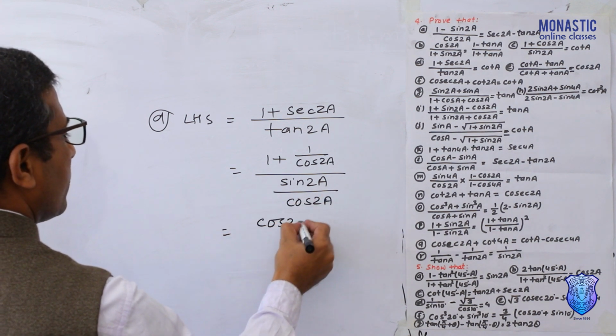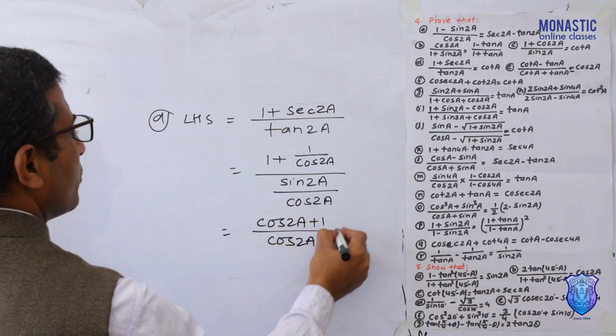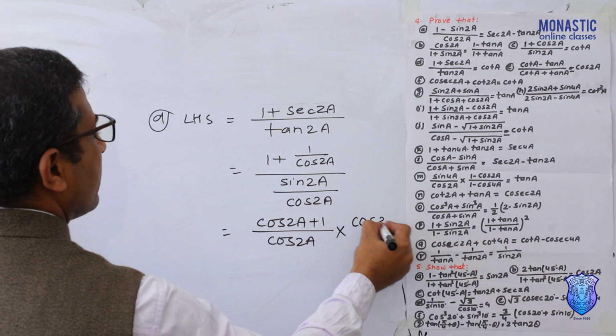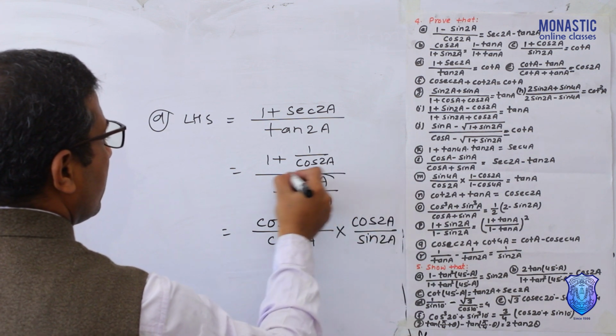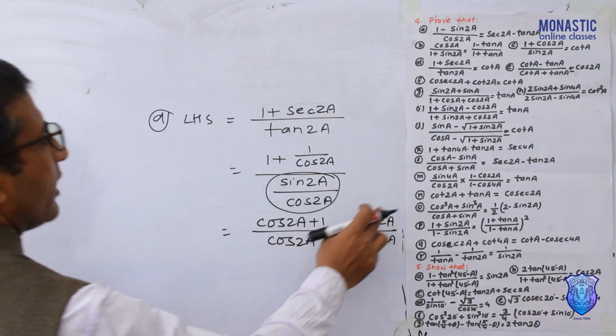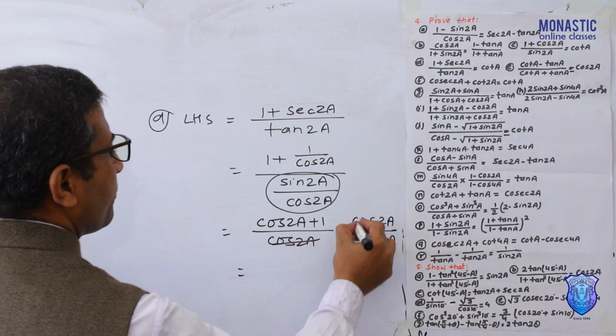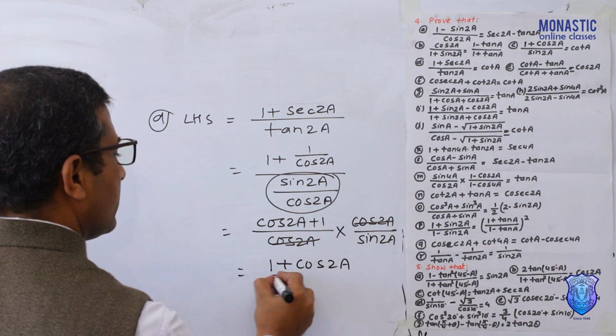It came cos 2A plus 1 by cos 2A into cos 2A by sin 2A. You know, when divide is converted into multiply, then we have to write the reciprocal of it. It came 1 plus cos 2A by sin 2A.